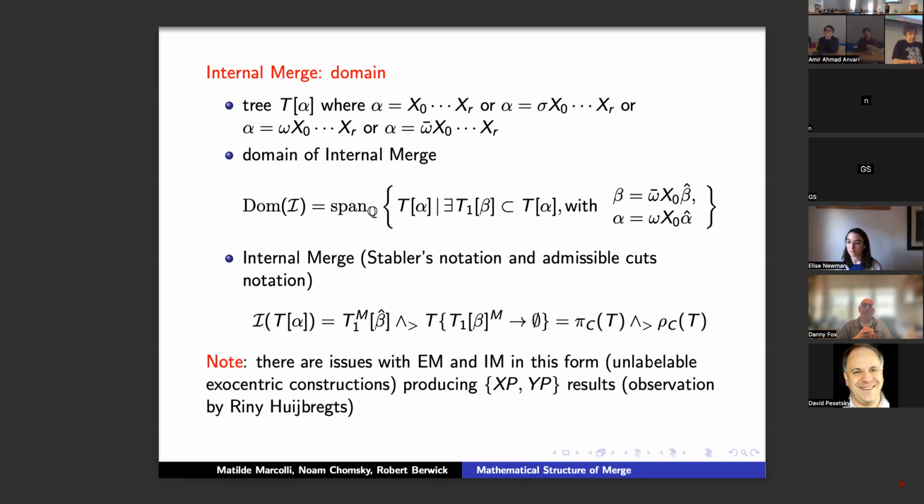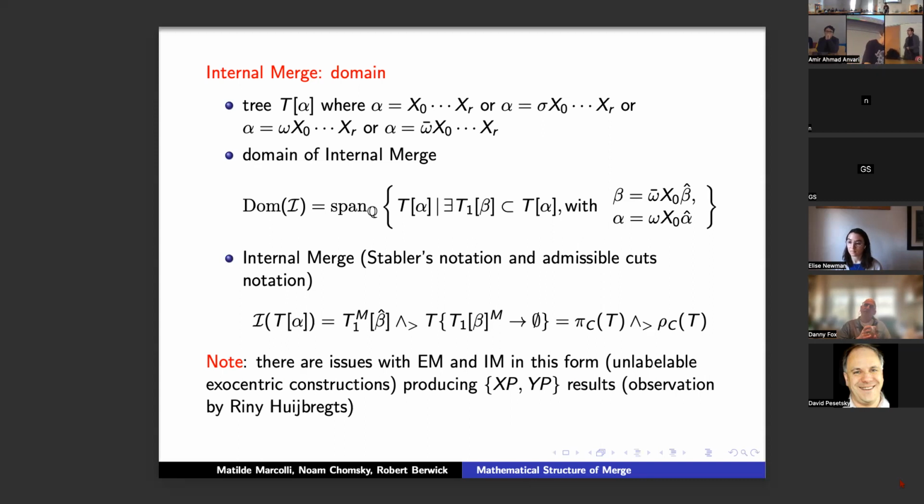You have labels that basically come from the head of the trees that you attach in the tree. These are strings of certain symbols that describe the syntactic features. I'm not going to go into details of how to do that, but these things have to have matching initial parts in order for you to be able to do the merge operation, and then this part drops, and the remaining label depends on what is left.